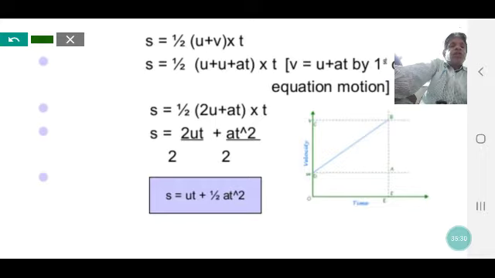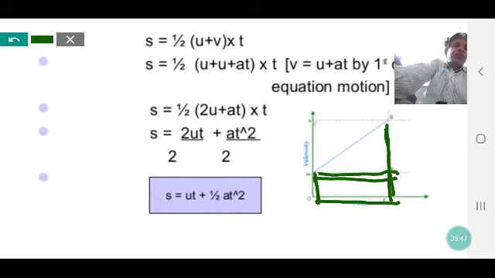Now, how can you get the area? Here, these are the parallel lines, and this is the distance between them. We know that the area of a trapezium is equal to half into the sum of the parallel sides into the distance between them. The distance between them is equivalent to time. This line represents u, and this line represents v.